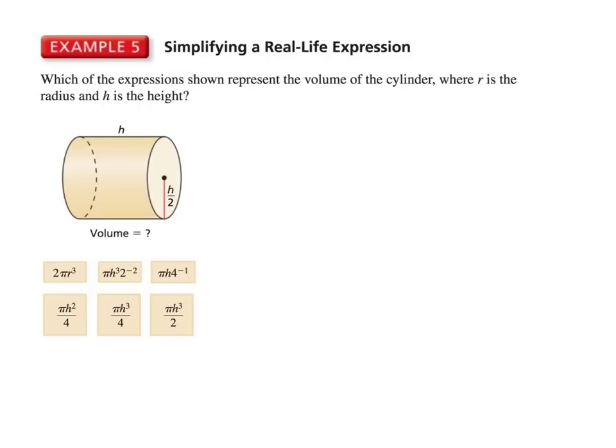All right, so it says, which of the expressions shown represent the volume of a cylinder? Well, here's the volume of a cylinder formula. It's pi r squared times h, okay? Now, what's the radius for the cylinder? Right here, h over 2. So we'll just plug that in for r. And we just keep the h because we don't know what h is.